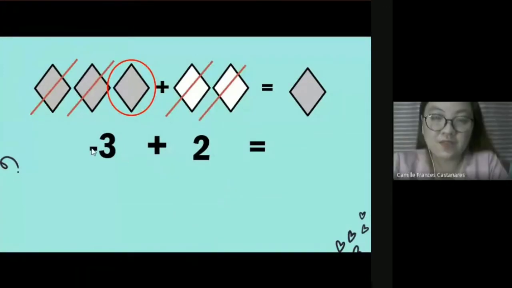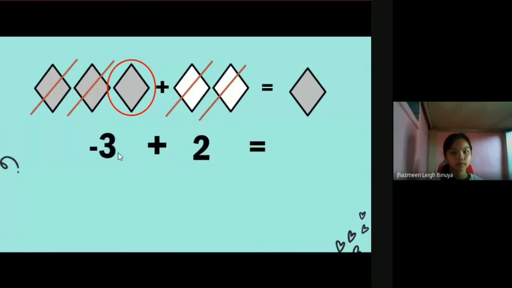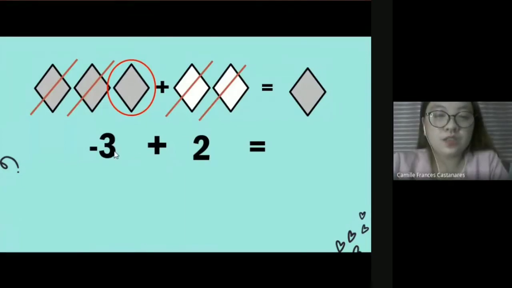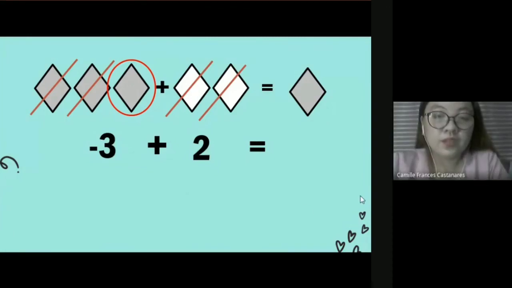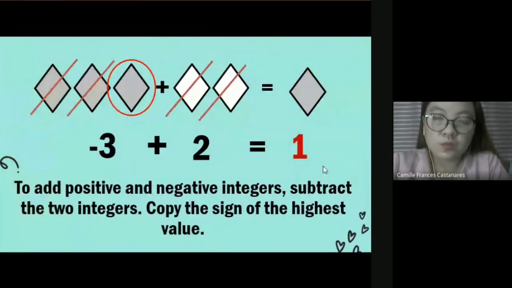This is negative and this is positive. So, again, first thing to do is subtract the two integers. We will have 3 minus 2 equals to 1. Okay, 1. So, meron tayong answer na 1. So, what will be the sign of this 1?